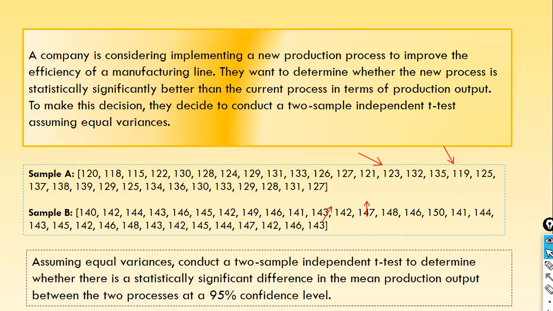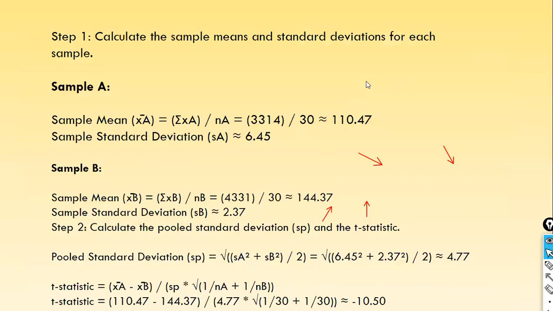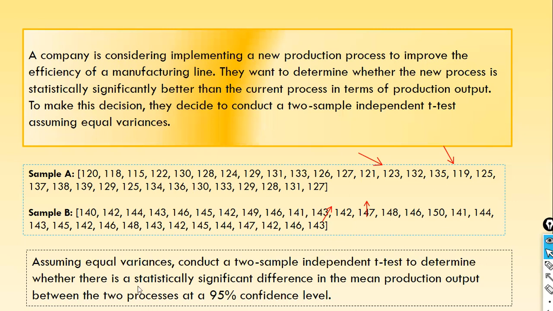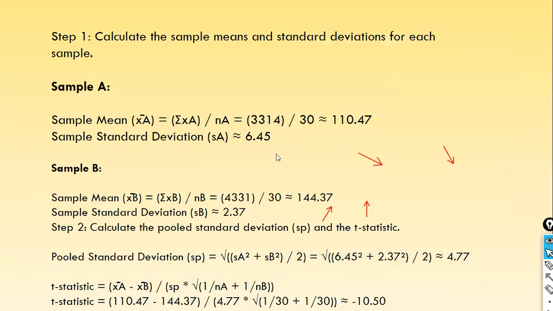In this case, obviously, we have the sample data itself given. The population standard deviation we do not know, hence it is a t-test. And here they mention equal variances. Our job is to find the sample mean for sample A. For the other sample also we need to find the mean and standard deviation. Very simple.